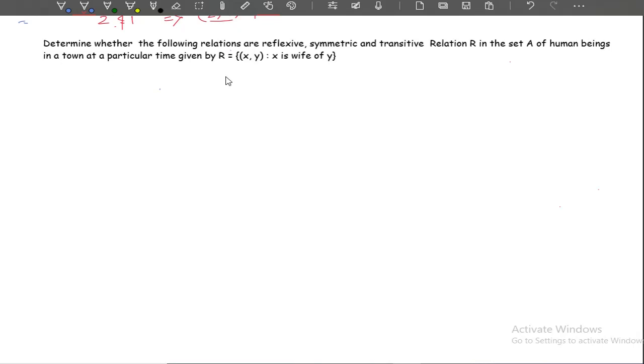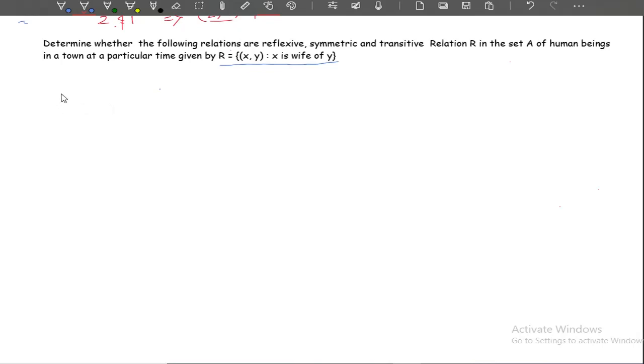Next question. We have to check whether this relation is reflexive, symmetric and transitive. Now what is the relation R? x is related to y if x is wife of y.